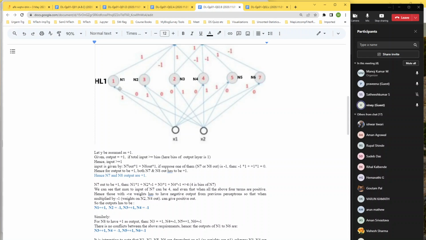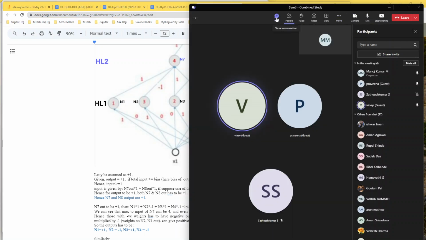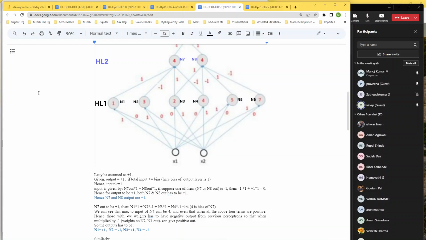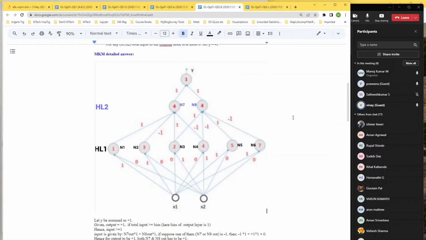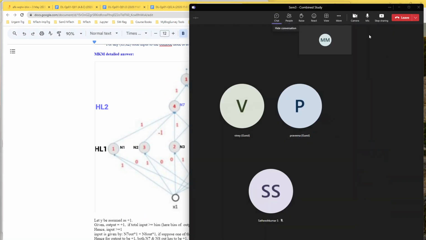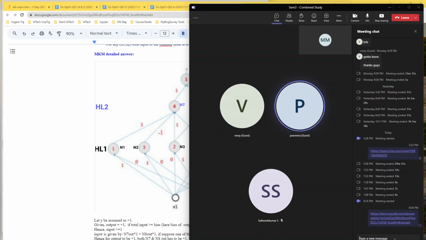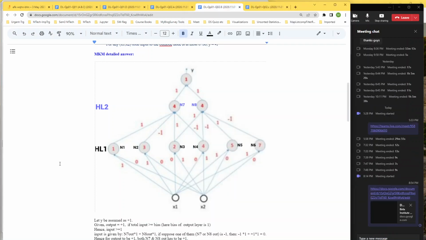Can you put the link for this in the chat box? Yeah, sure. I will look at it at a slow pace, because it's moving fast, up and down. Do you want to check it now itself or later? Actually, I took a screenshot, so I'm able to look at both of it together. Yeah, you can take the screenshot also.